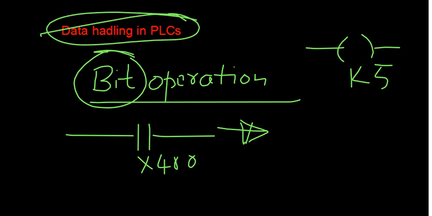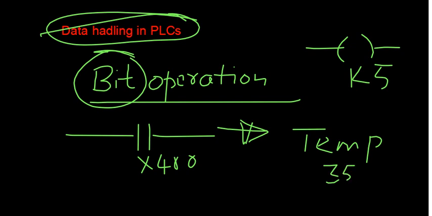Or it is generally called a word in your microcontroller scenario. It could be an 8-bit word, a 16-bit word, or a 32-bit word, 64-bit word, depending upon the type of the processor which you are using there, right?